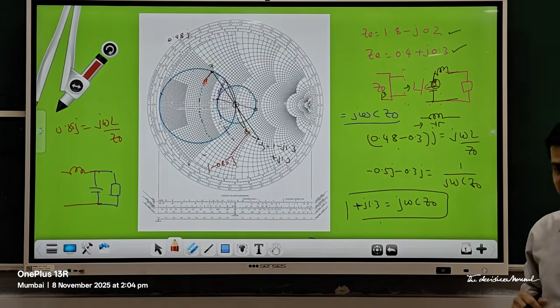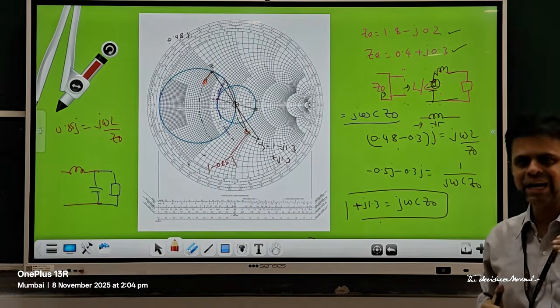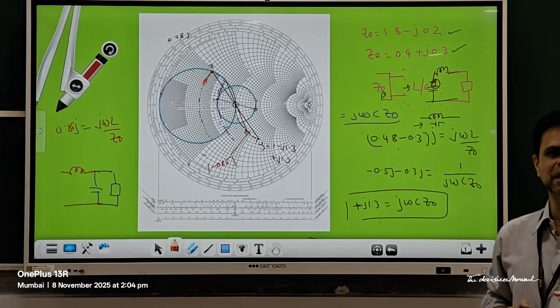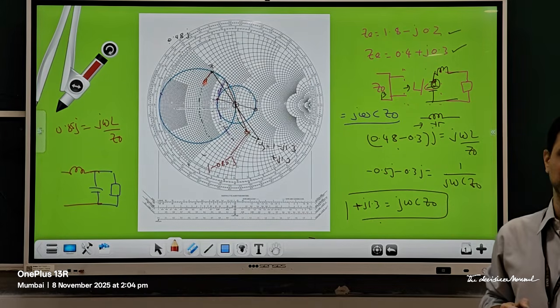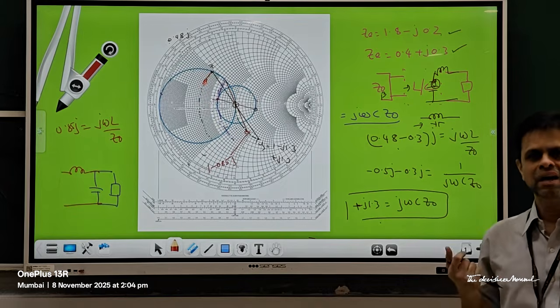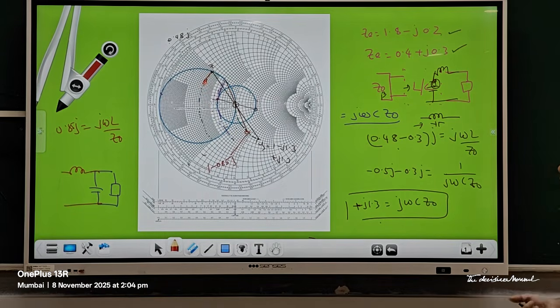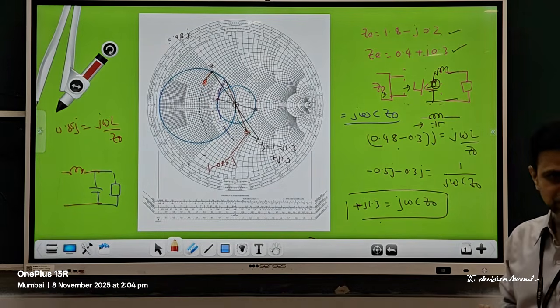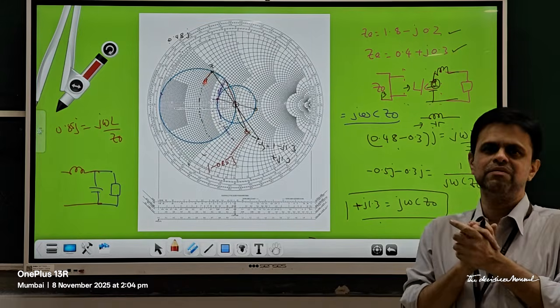In case of a point lying inside the R1 circle, remember the first element will always be a parallel capacitor. Always a parallel element, and naturally we are selecting a parallel capacitor, and later on it will be a series inductor. Okay, so this is the impedance matching case.